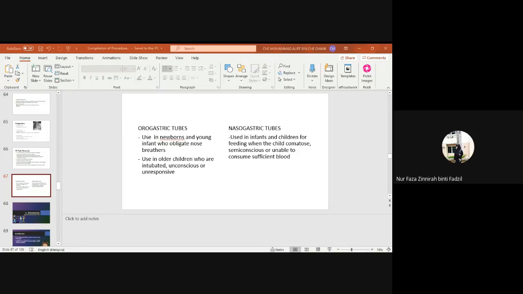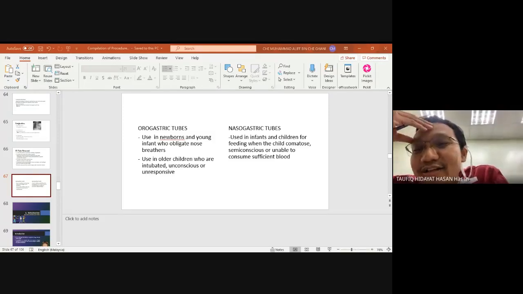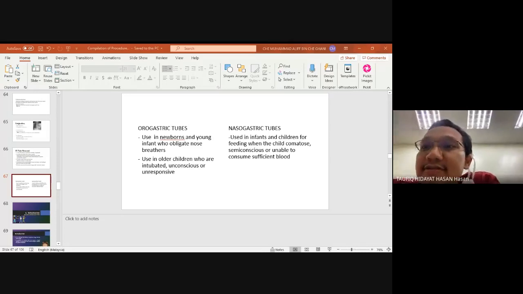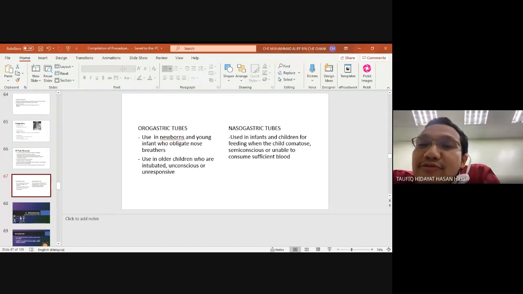Salah. Actually, kalau yang OGT itu kalau patient still alert or semi conscious, kalau patient koma tu pasang OGT lah. Yang sebelah kiri dah betul, yang sebelah kanan tu not proper. Okay, actually which one is most physiologic, OGT ke NGT?